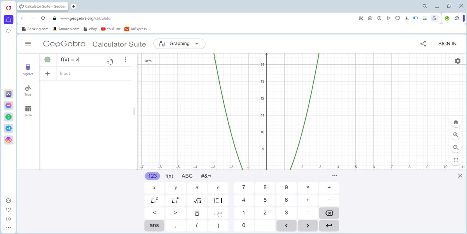Another function, for example, cosine x. Enter.